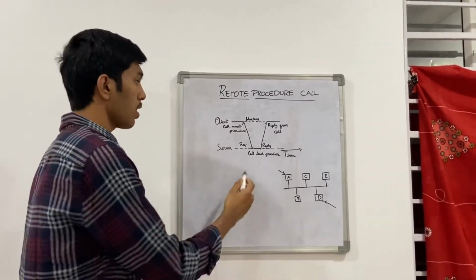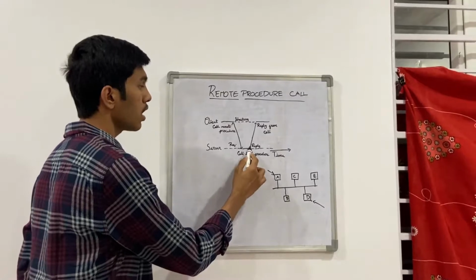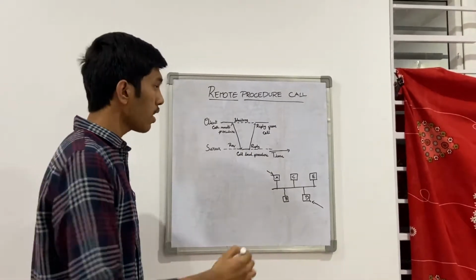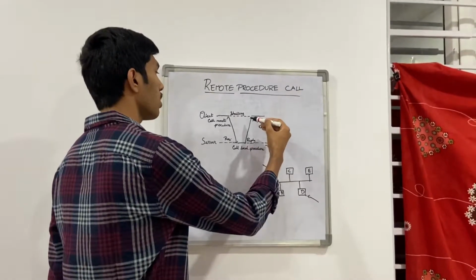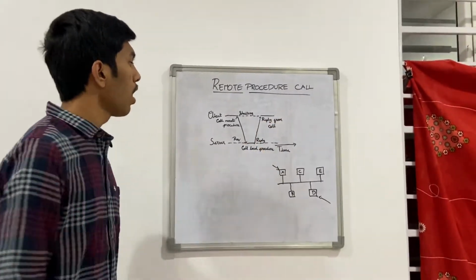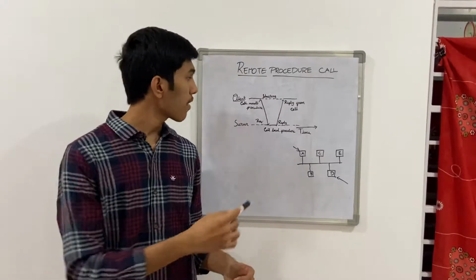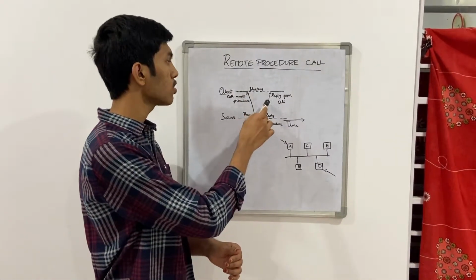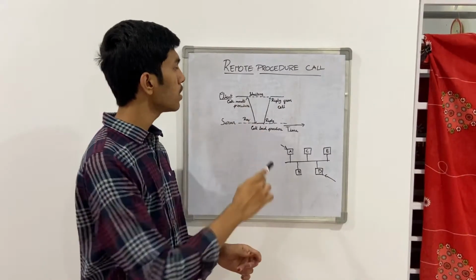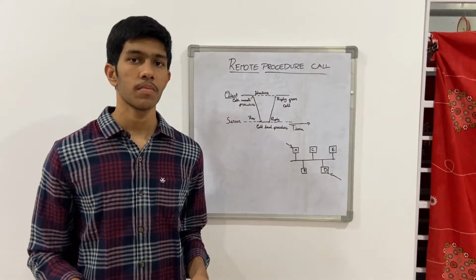The remote server executes it as a local procedure call, then sends the reply to the client, and after receiving the reply, the client machine resumes its execution from the point where it stopped.